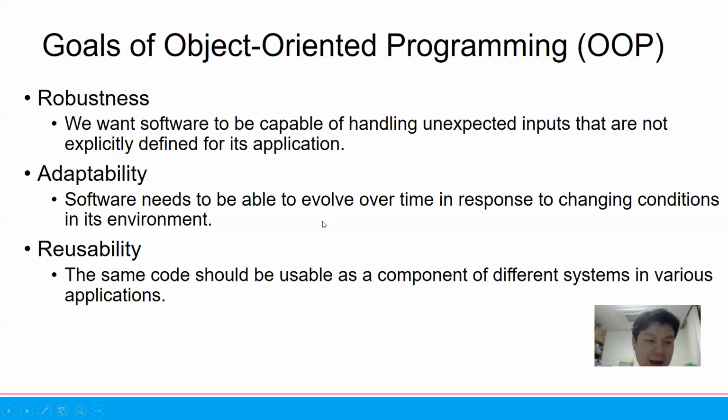Okay? And it also deals with reusability. The same code should be usable as a component of different systems in various applications. So if I already have the design of a car and I want to design a new type of car, for example, the SUV, then I can just use the existing car design and redesign the exterior of the car.